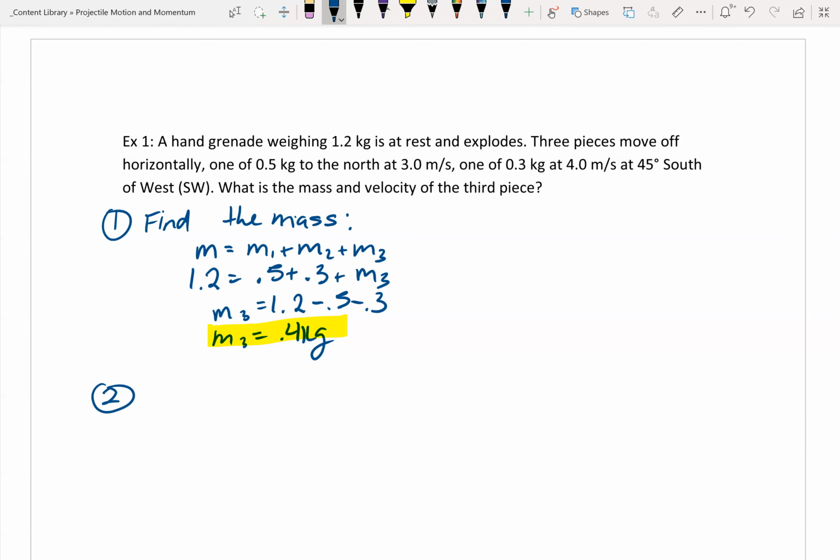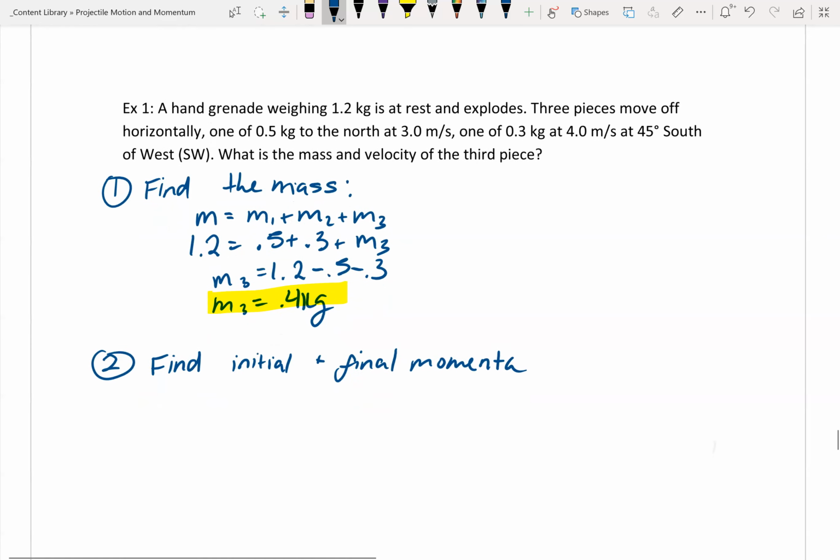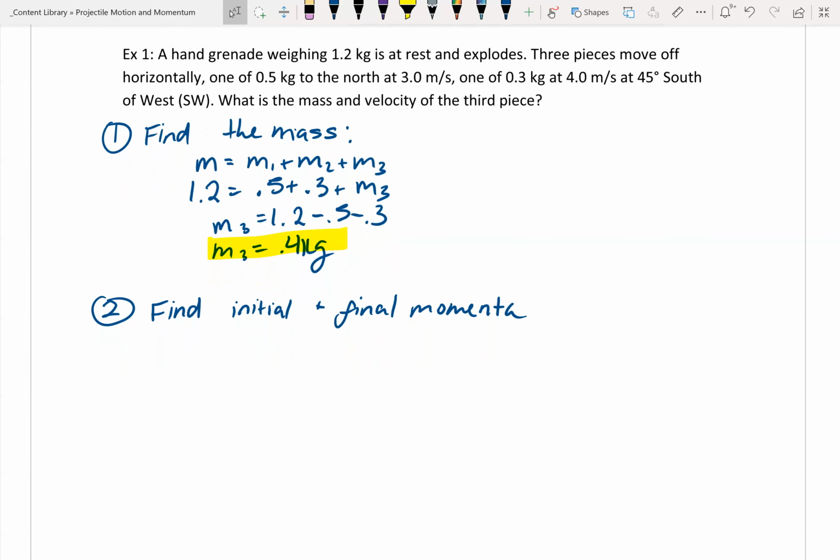The next thing we're going to do is organize our information and find the initial and final momenta. We are going to consider this in the x and y components. So we're going to consider mass 1 first, and remember that this was 0.5 kilograms.